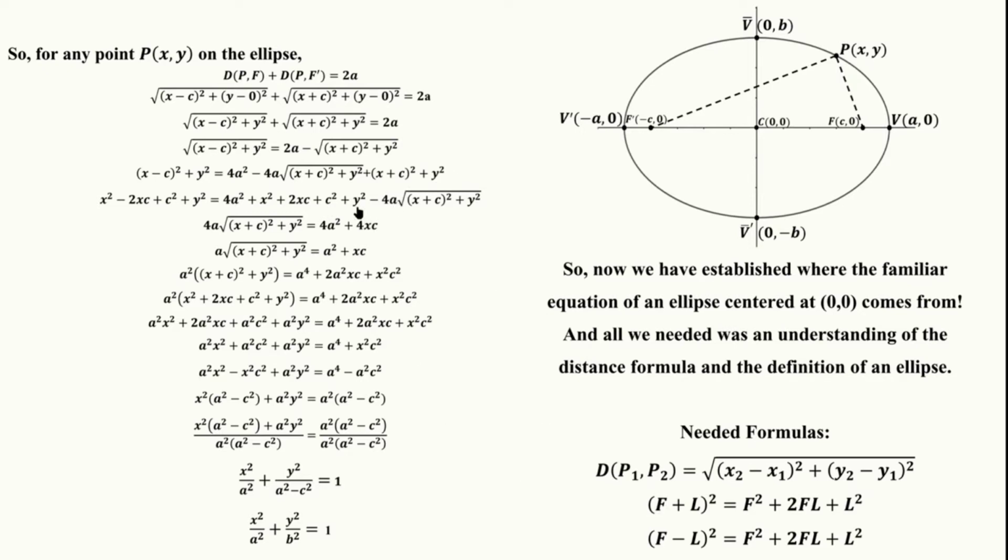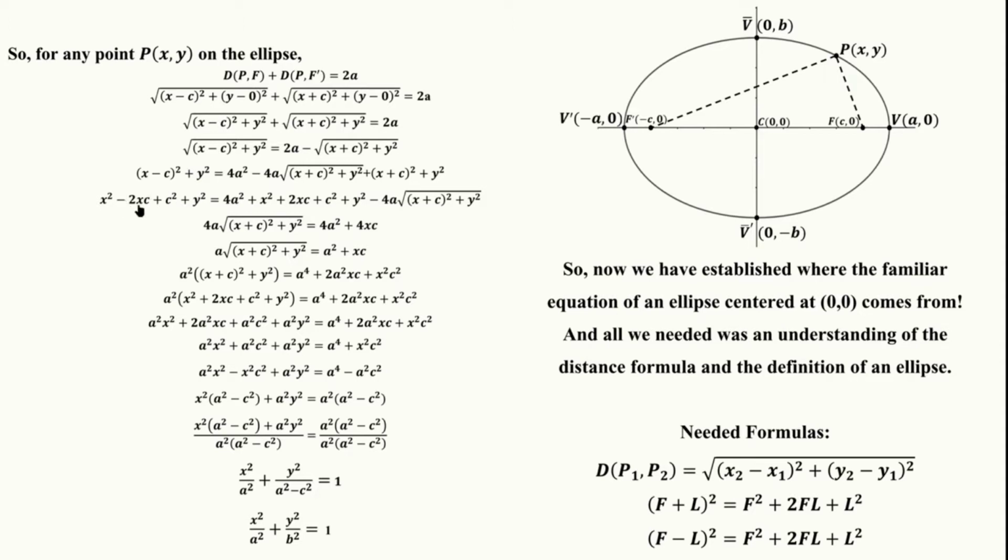And then there's a plus y squared, and then minus 4a square root of quantity x plus c squared plus y squared. Now we'll move this expression to the left side, and we look at a bunch of cancellations, right? The x squares should cancel. They're the same on both sides. The y squares cancel out, right? And so do the c squares. So on the right side, we have 4a squared plus 2xc.